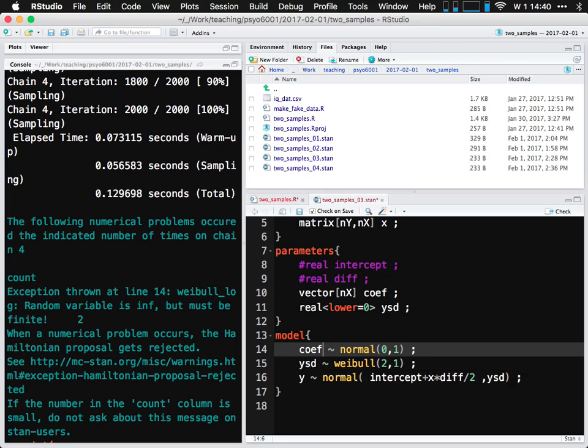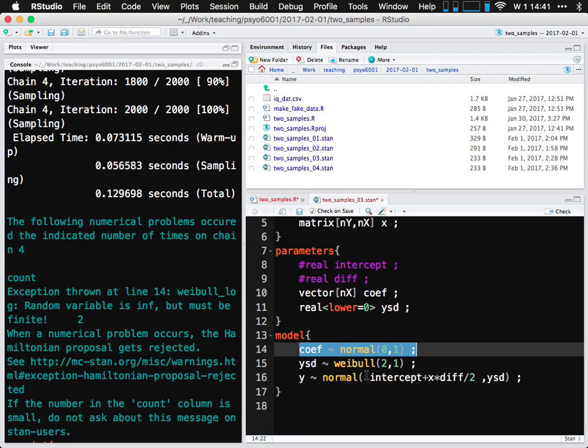We can just say that vector is distributed as normal 0, 1, and that will propagate this shape for our belief to each element of this vector. So that's another reason why it's useful to scale, so that you can express both your prior for the intercept and prior for the differences on the same scale and have it all as one thing.